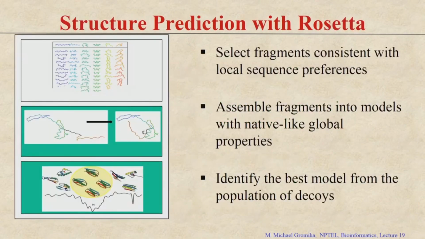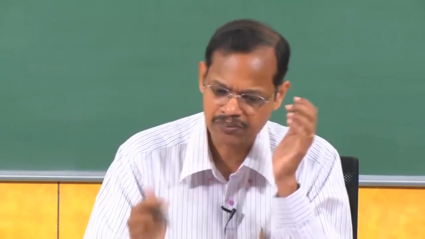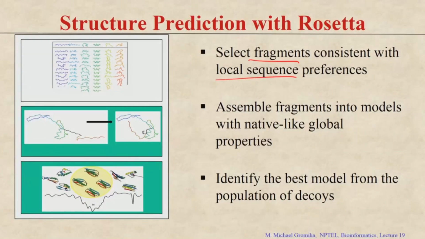So, Rosetta is one of the widely used methods for ab initio modeling, right. What they do, they start from the beginning and currently they have implemented homology modeling along with ab initio, right. They take some fragments based on the local sequence preference, and you can see the library of the fragments for the different cases, and they think that these have native like globular properties.